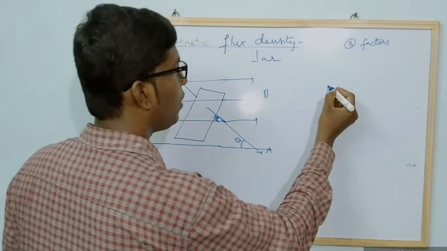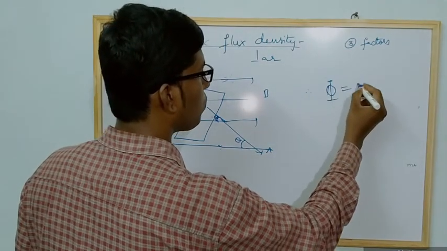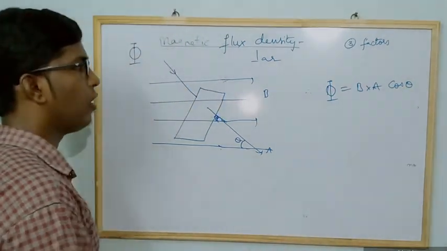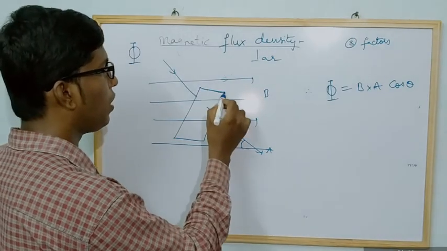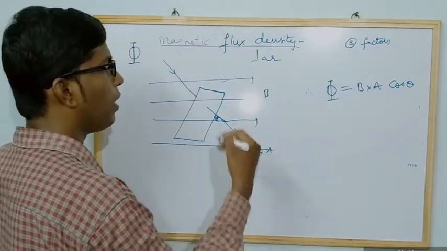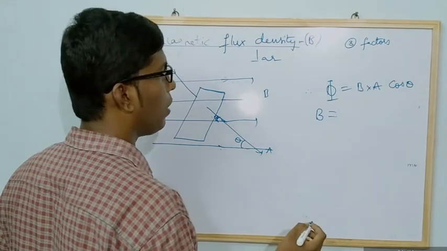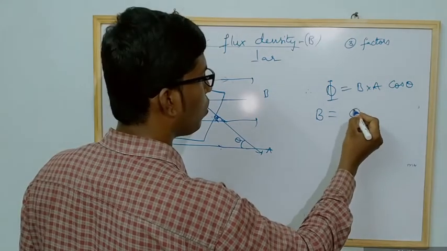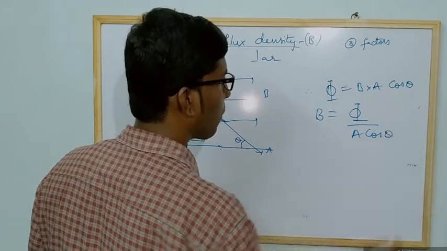So we can write the magnetic flux is equal to B into A cos theta. So this is the angle. Now from this we can say that magnetic flux density will be less. Magnetic flux density is denoted with the letter B. So I can write the formula in this way: B is equal to phi by A cos theta.